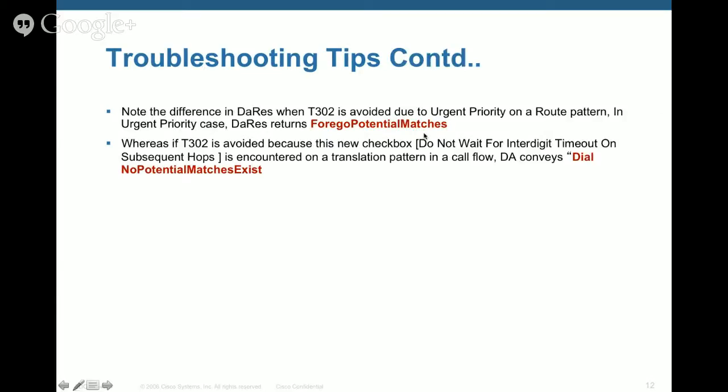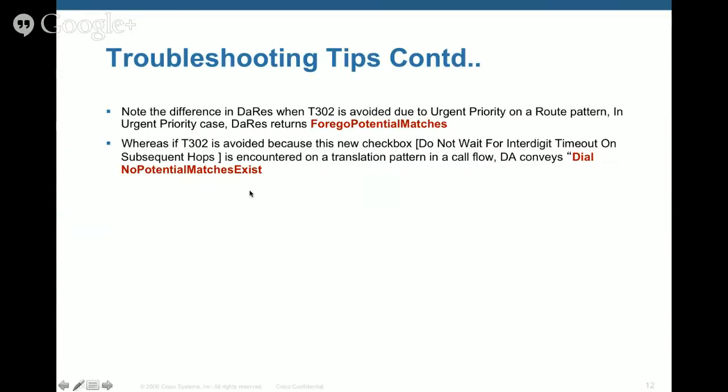So, sorry, forgo potential matches gets printed whenever you have urgent priority checked in the configuration pages. When you have the new parameter checked in, that is, do not wait for interdigit timeout on subsequent hops, that lets Call Manager print a line called dial no potential matches exist.